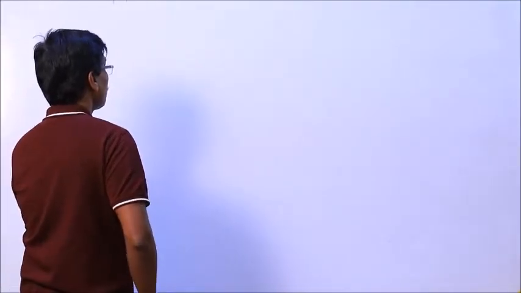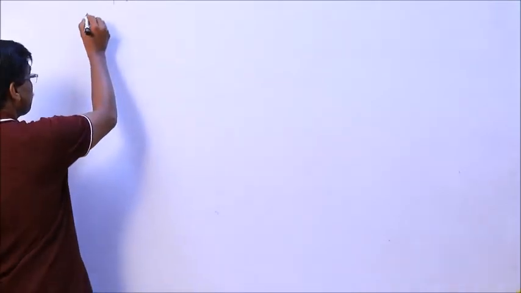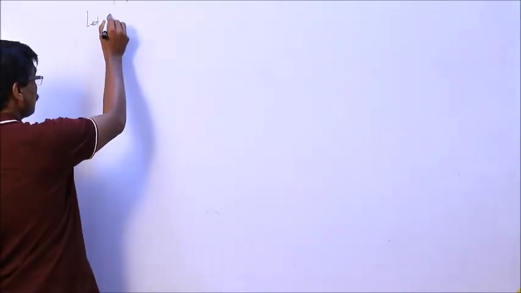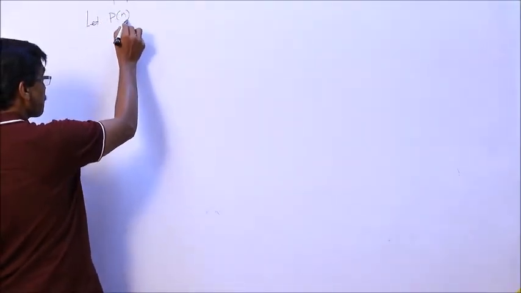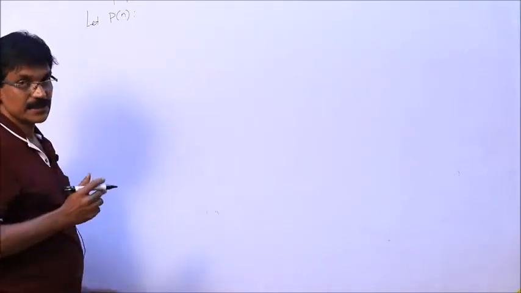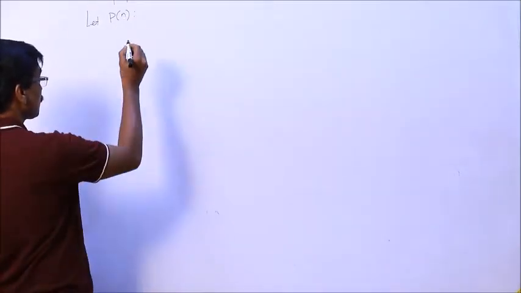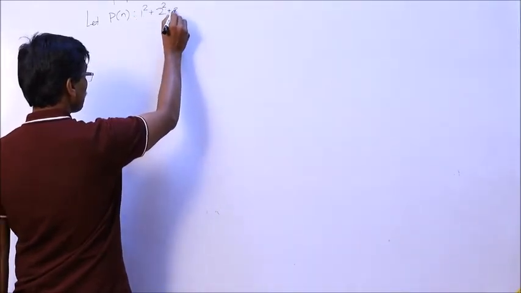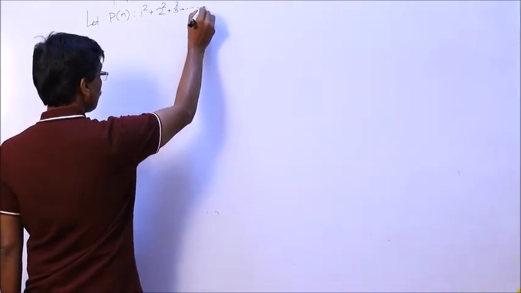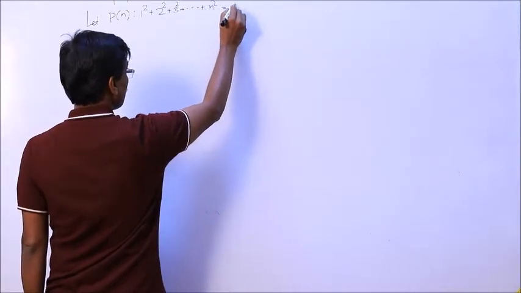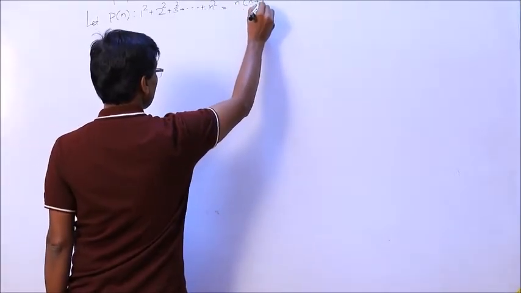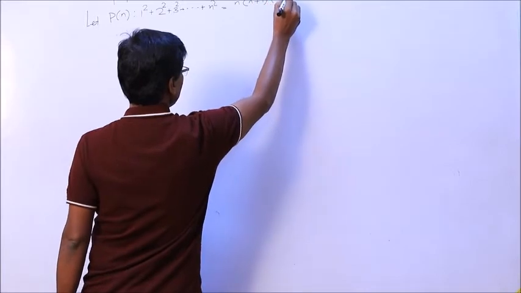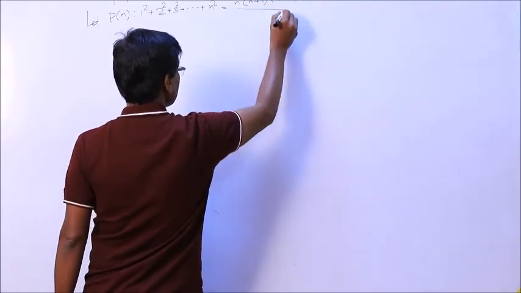So, how to prove this method? Let P(n) be the given statement, that is 1 square, 2 square, 3 square up to n square, that is equal to n into n plus 1 into 2n plus 1 divided by 6.